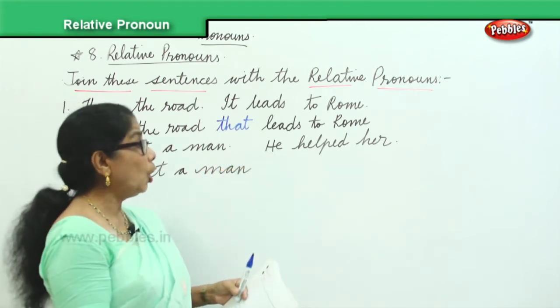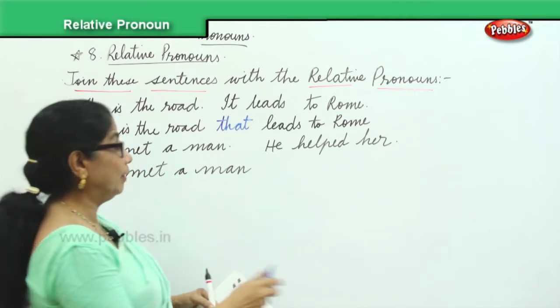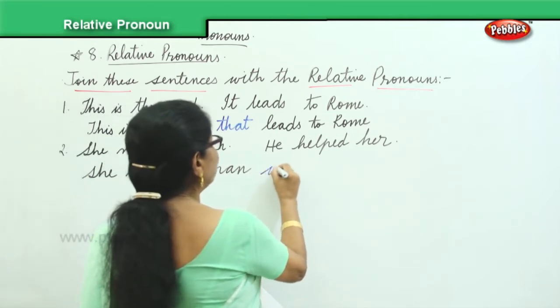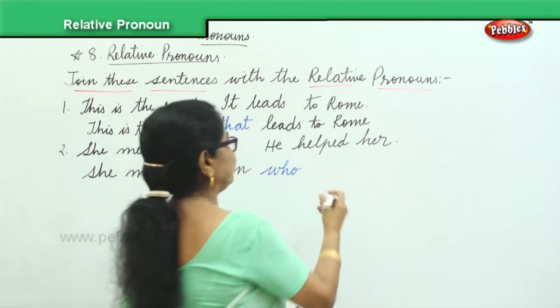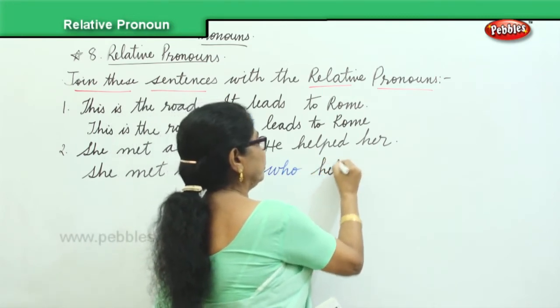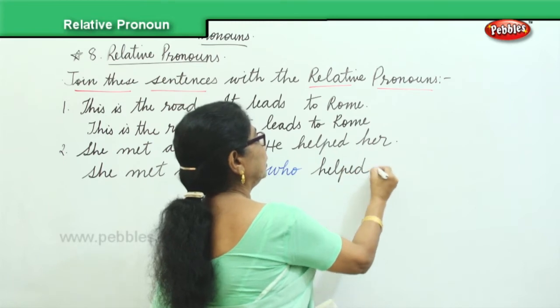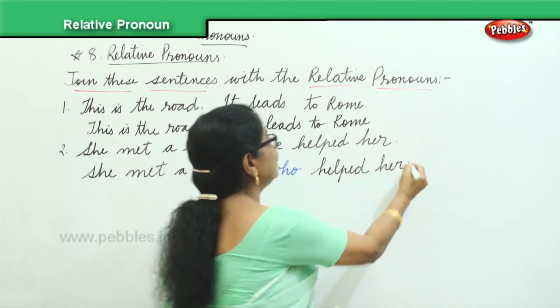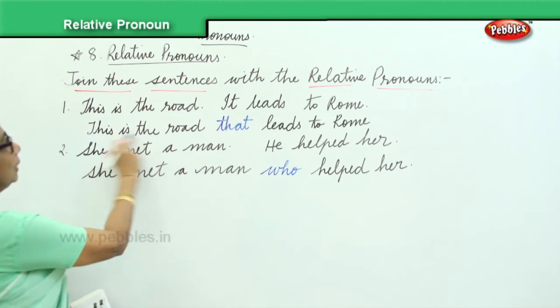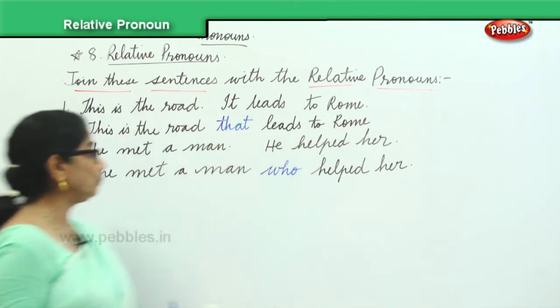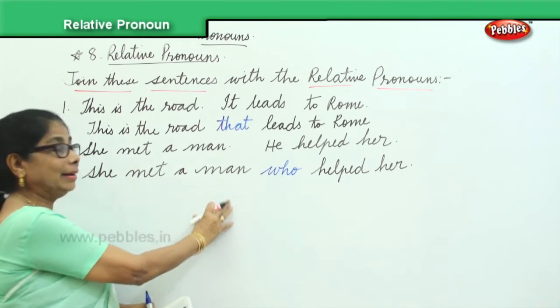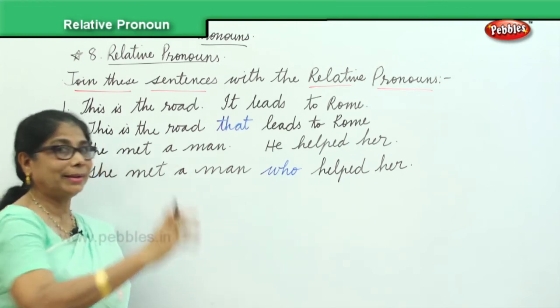What will you write there? Who helped her. Very good. Who is the relative pronoun. Now look at the two sentences. This is the road that leads to Rome. I met a man who helped her.